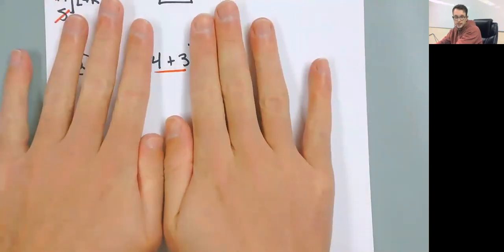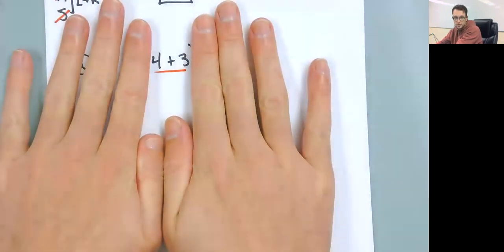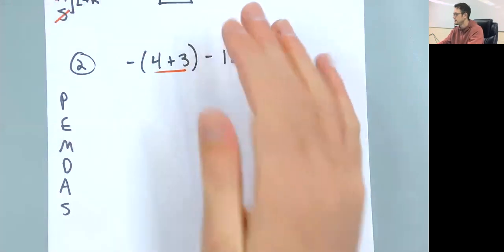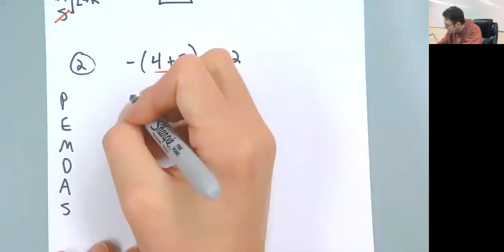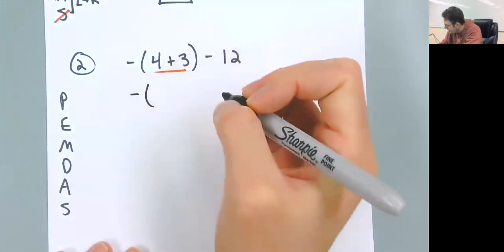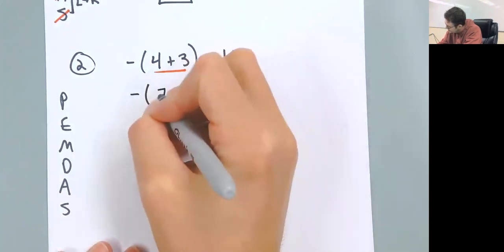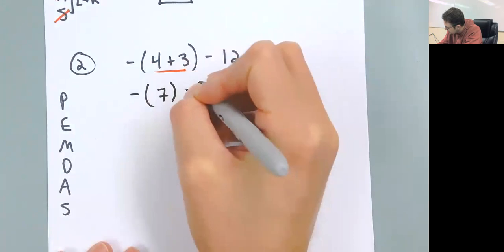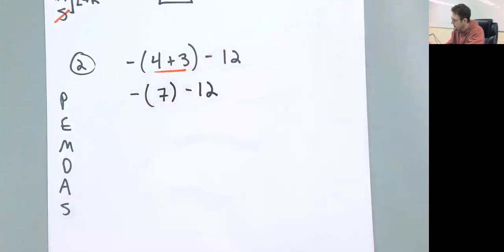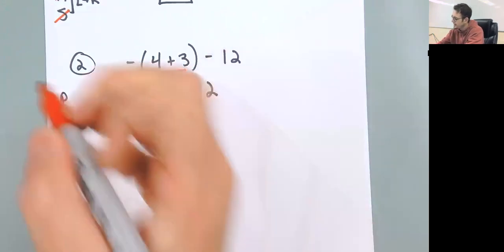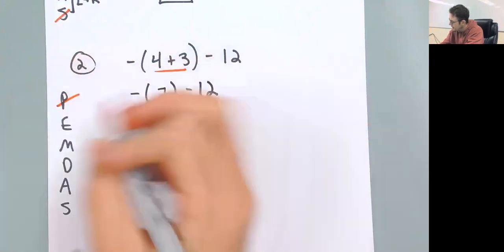So I'm going to drop the negative. 4 plus 3 is 7. And then drop the minus 12. So I simplified inside the parentheses first.